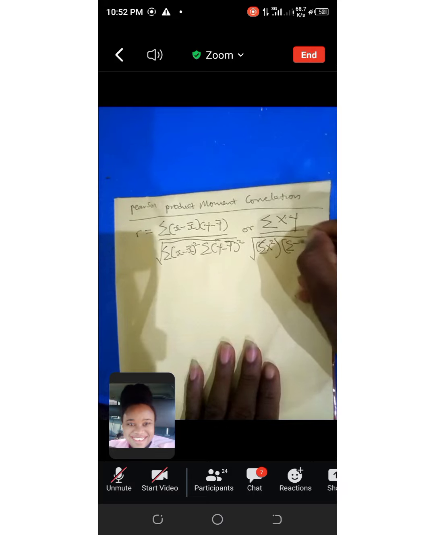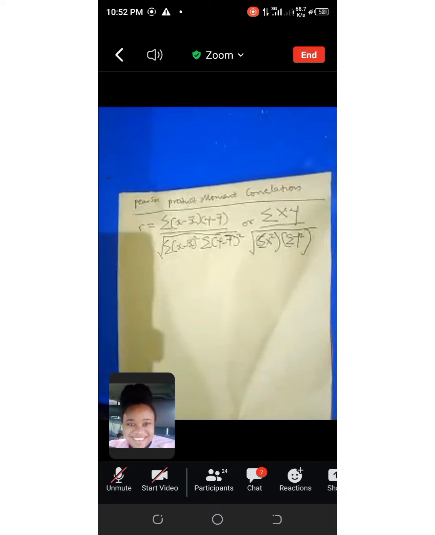You can use either of these, but they are still the same thing. So the first step is to know the formula. If you just know the formula, you can solve this question. Knowing the formula is key.